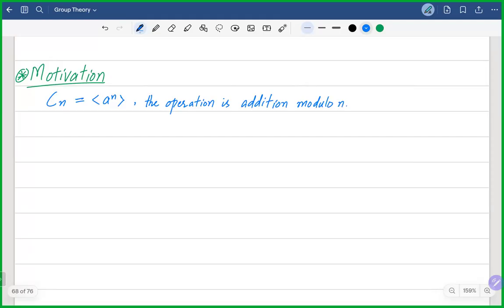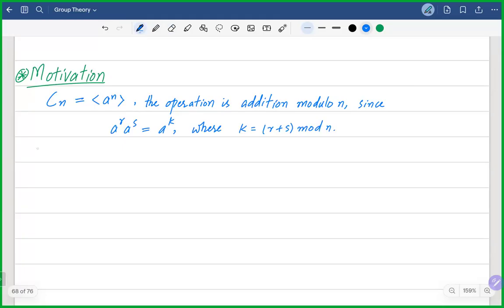Right? Since A power R times A power S is equal to A power K, where K is nothing but R plus S mod n.